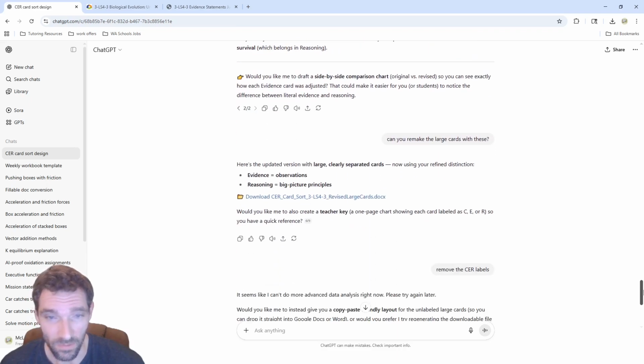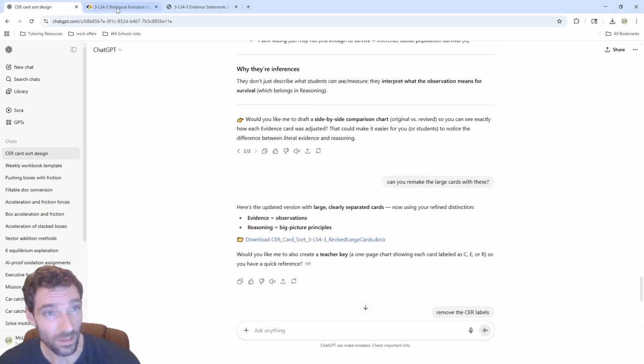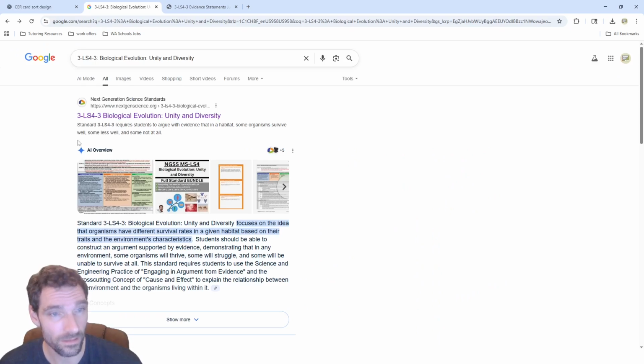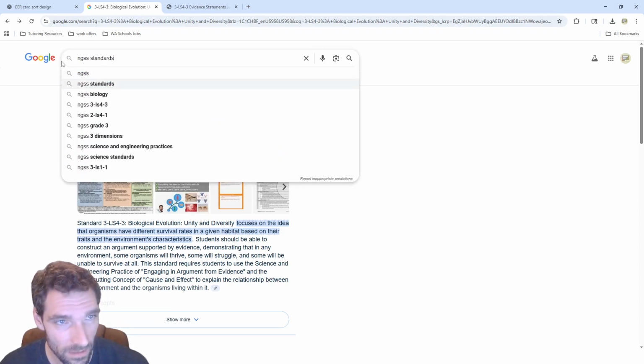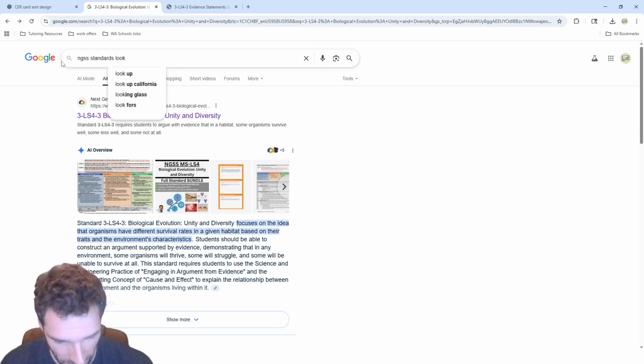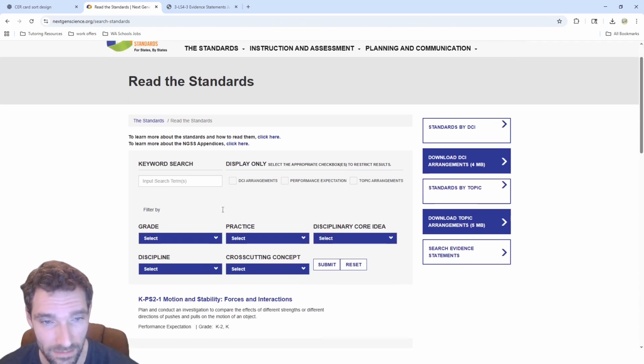So you can do this with other standards as well. This is just one example of a standard that is appropriate to do this with. If you want to figure out how to find what standards are appropriate, you can actually look up standards using the NGSS website.